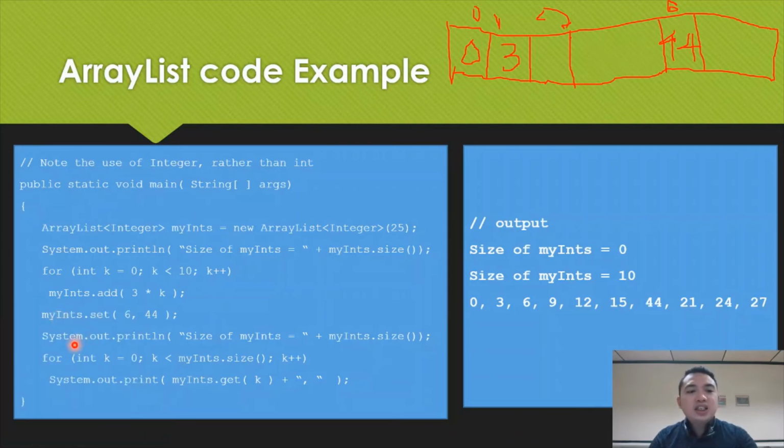At this part here is system.out.println. So this is just how you print the array. Okay, that size, open close parentheses, and then it will print the current size of the array, which is 10. And then this for loop will just print the values of the array with a comma.